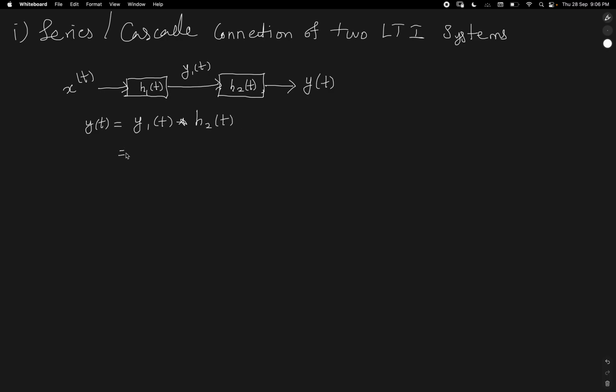If you consider this diagram, then you know the y1 of t is nothing but the convolution of the input to the overall system x of t, and the impulse response of the first system h1 of t.